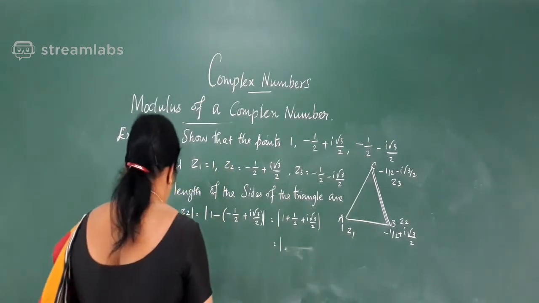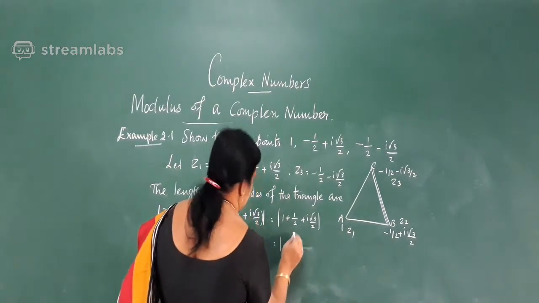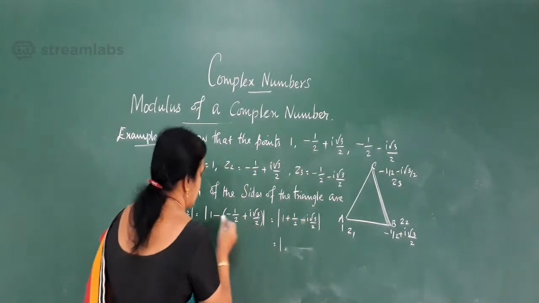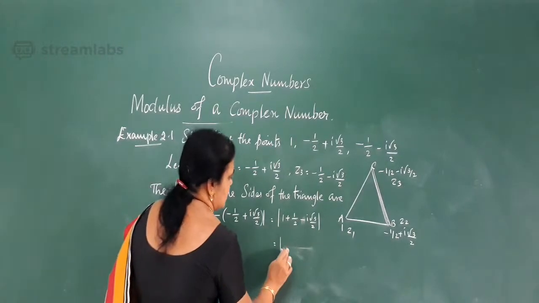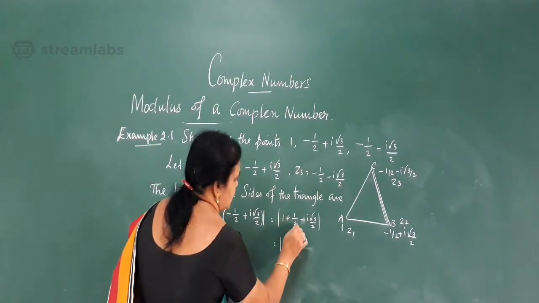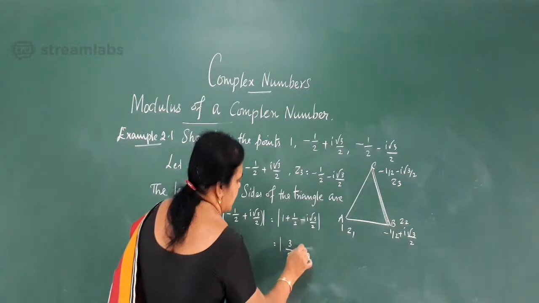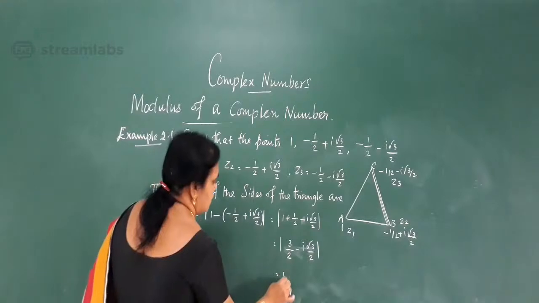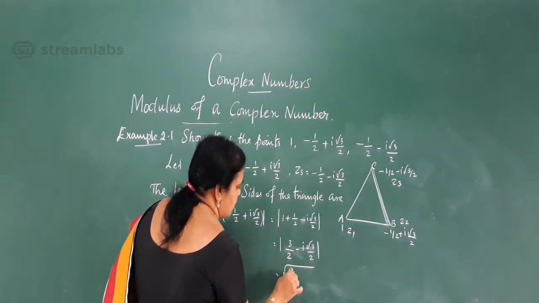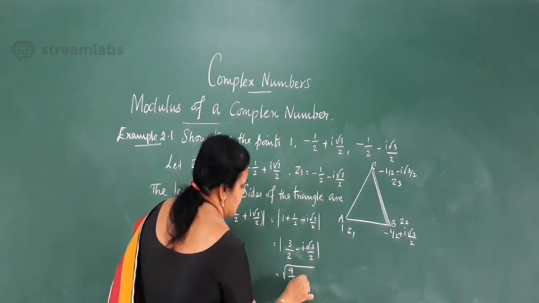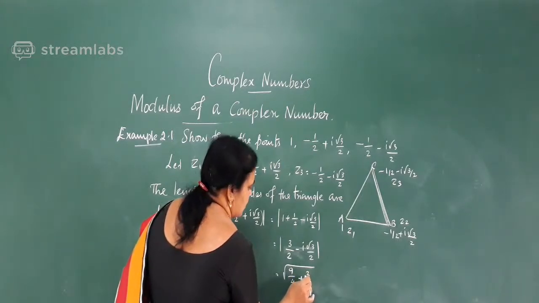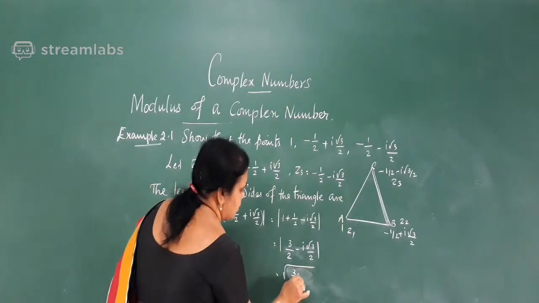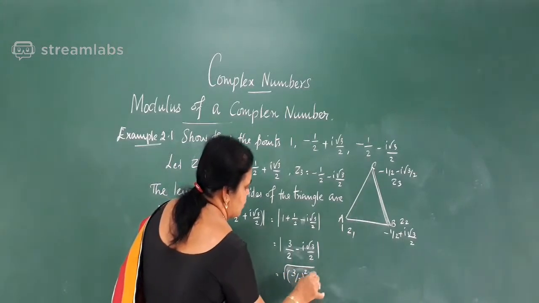To separate, the i term will come with a minus, because minus into minus is plus and minus into plus is minus. So 3 by 2 minus i root 3 by 2. Taking the modulus, 9 by 4 plus 3 by 4. Otherwise you can just write 3 by 2 whole square. It is very easy to do.